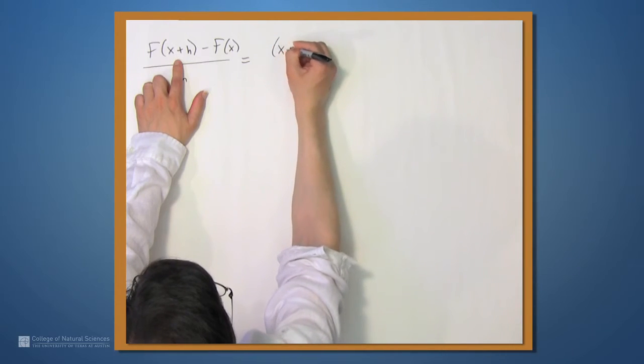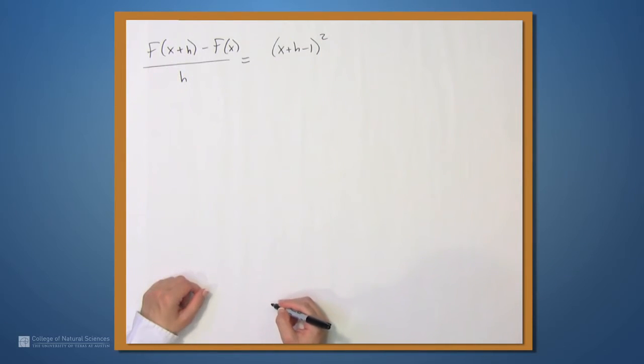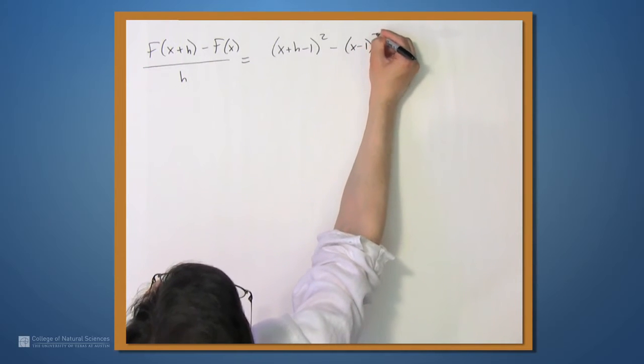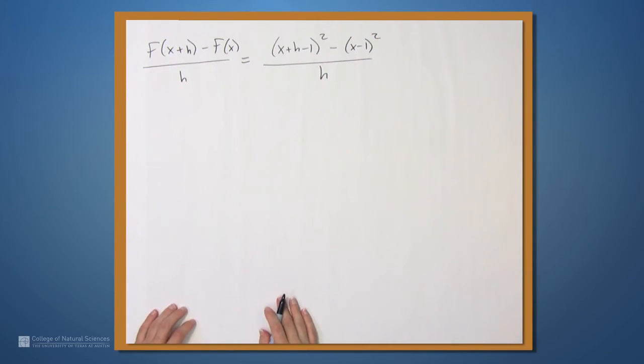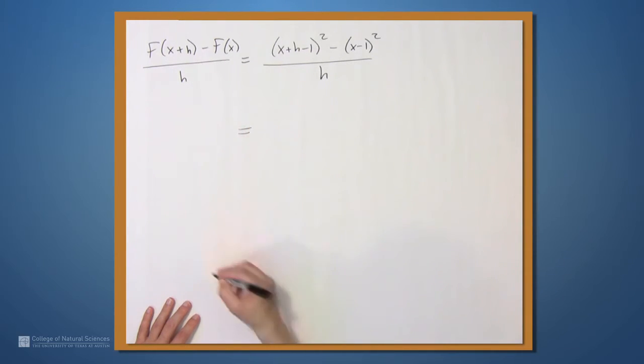So we get (x plus h minus 1) squared for that first part, minus (x minus 1) squared, all over h.